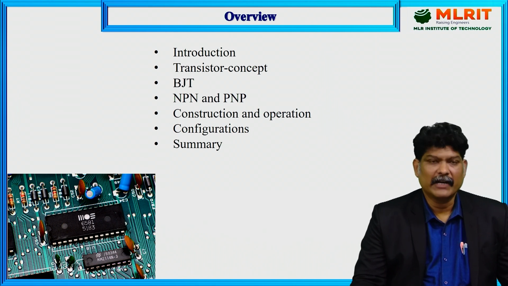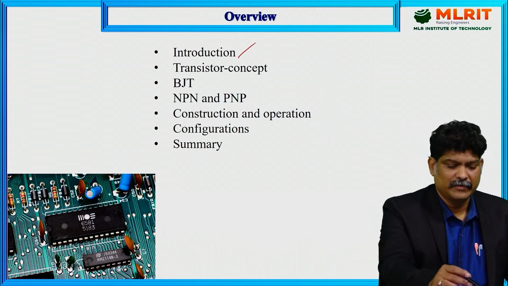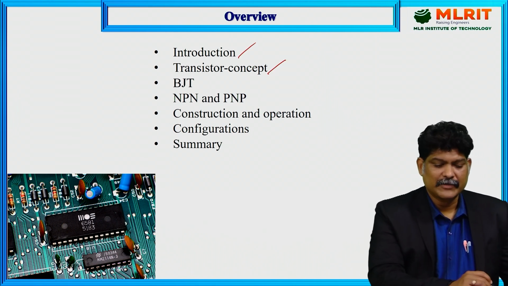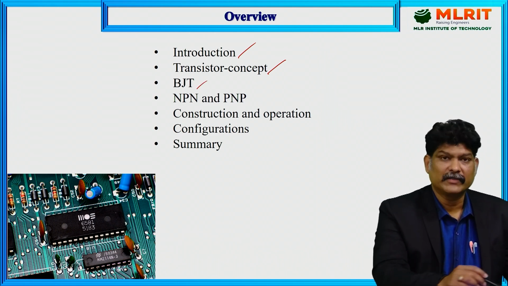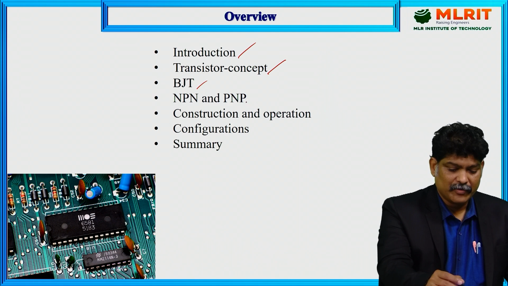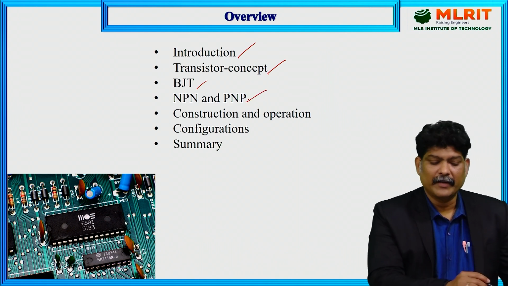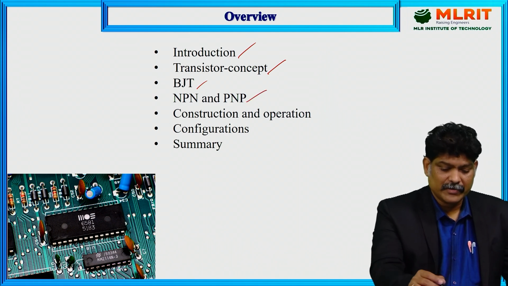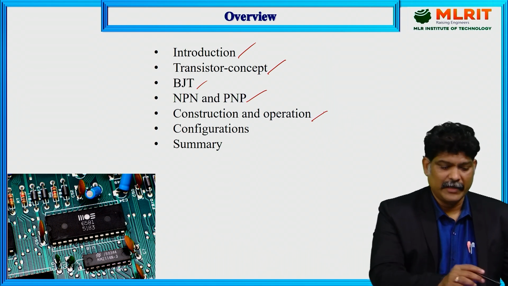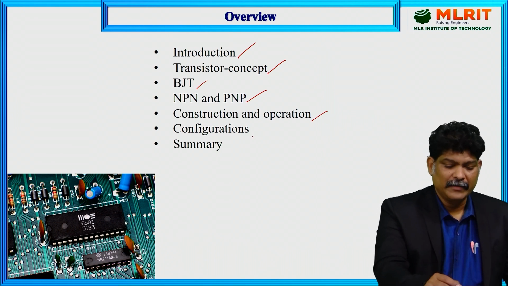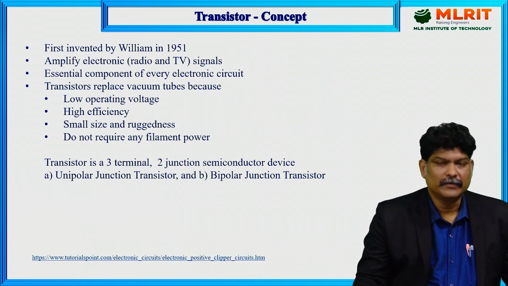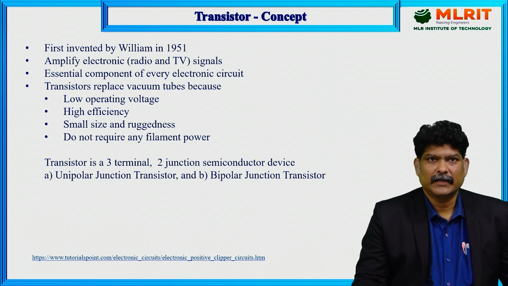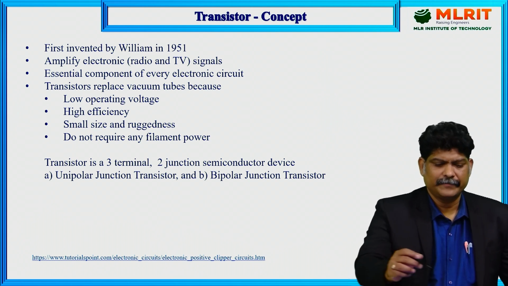We start with the introduction, then we'll cover the transistor concept, BJT, bipolar junction transistor, and types of bipolar junction transistor, NPN and PNP, then construction and operation of these NPN and PNP transistors, then different configurations of the transistor, and then conclude with summary. So first, let us start with the transistor concept.